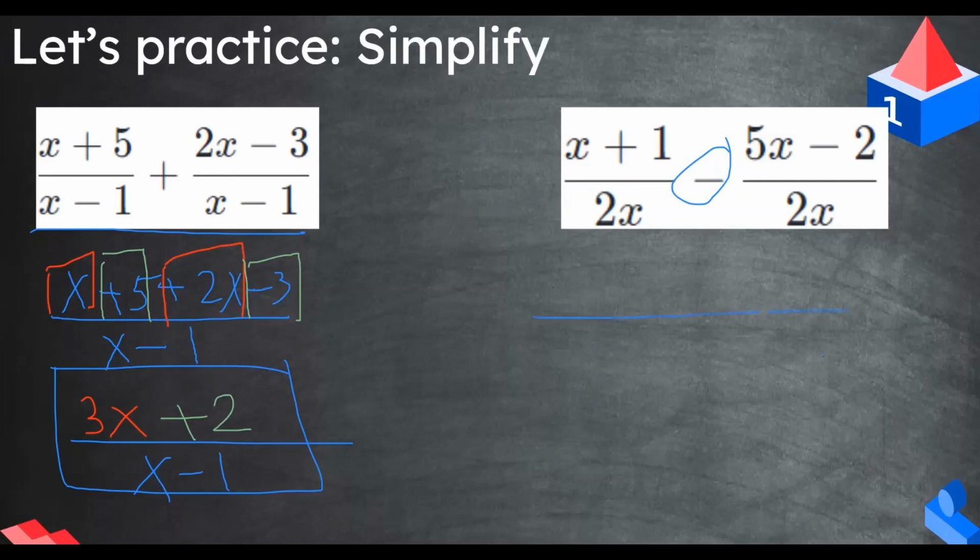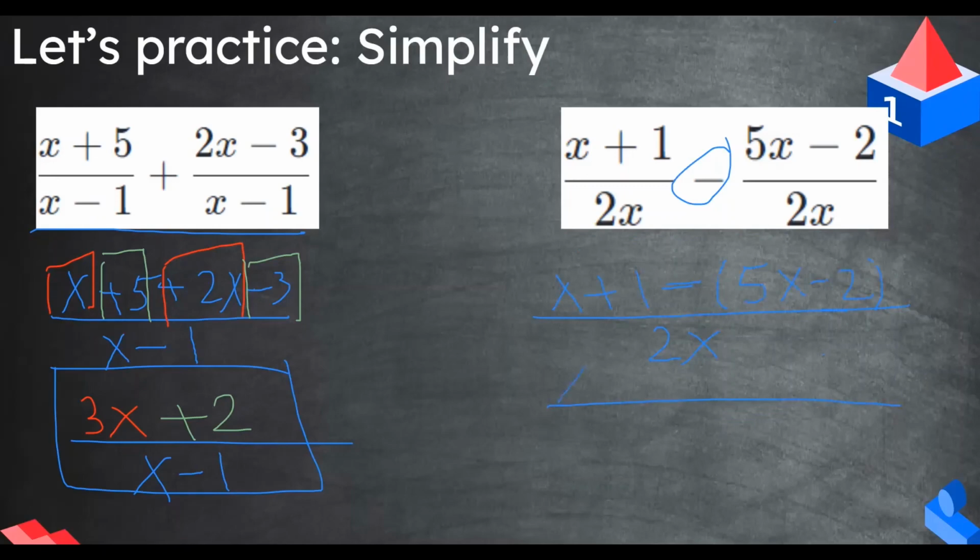I have the same denominator, so I'm going to bring down my denominator because that is my GCF. And then I bring down whatever I had on the top, but because it's a subtraction, I'm going to put the subtraction sign in here, put a parenthesis, and bring down the numerator of the second fraction, right?